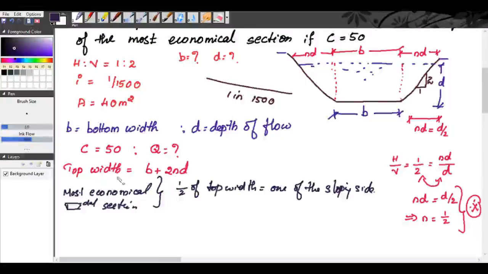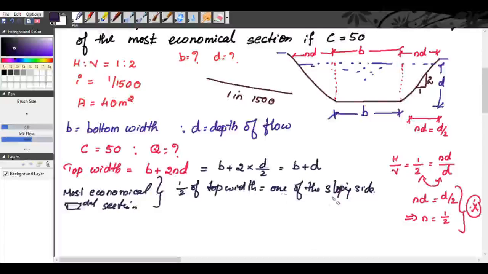Now we know the top width is b plus 2nd, and nd is equal to d by 2. So b plus 2 into d by 2 gives b plus d. So the top width is equal to b plus d.